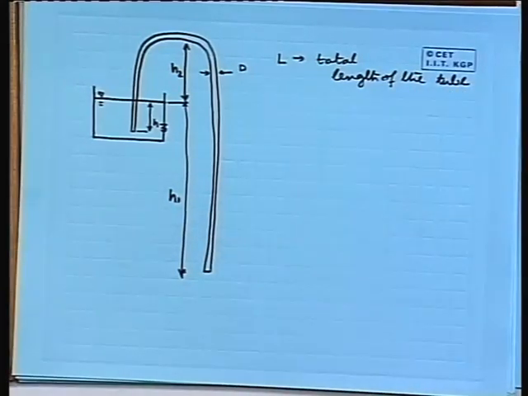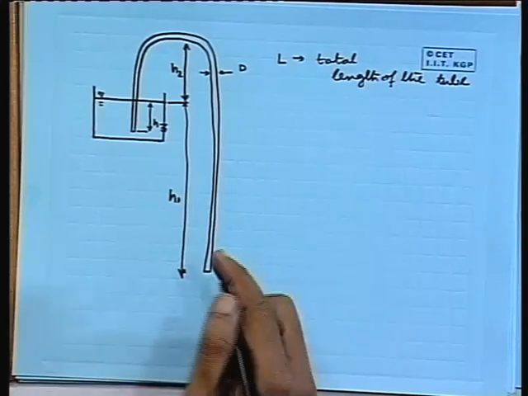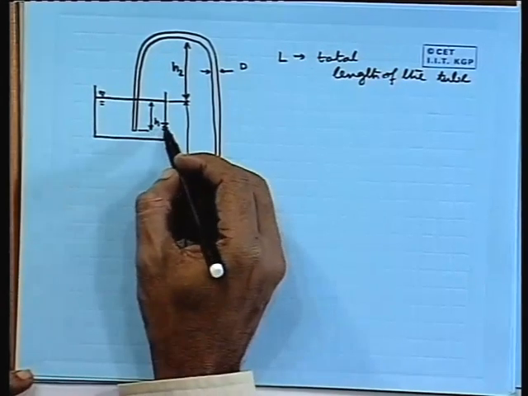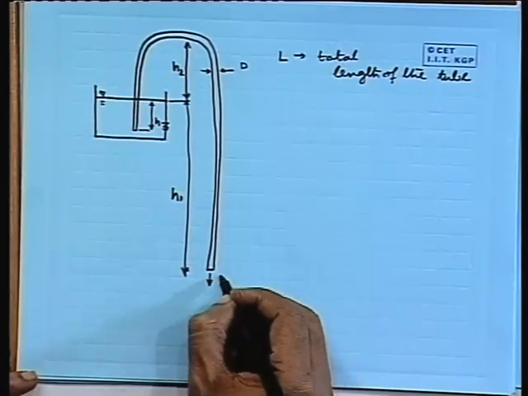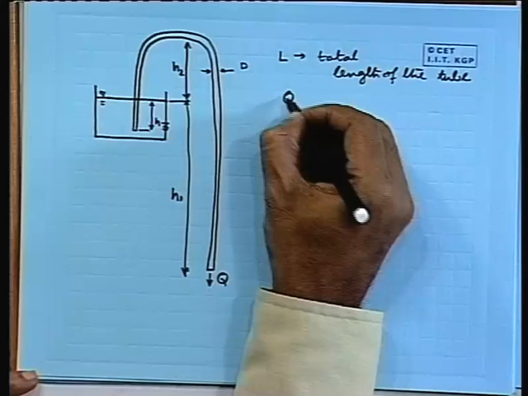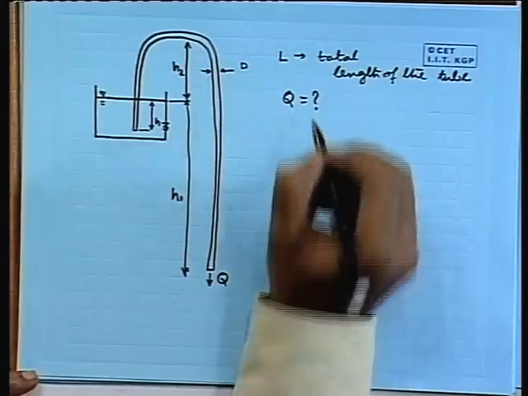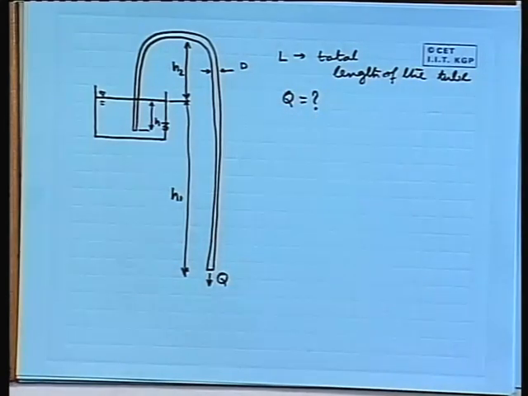Well, now what I want to calculate, at this instant when this is H3, what will be the value of Q? I want to find out what is the value of Q.